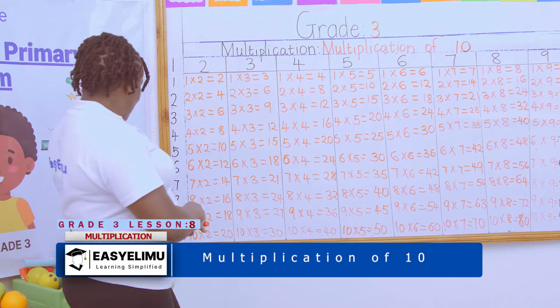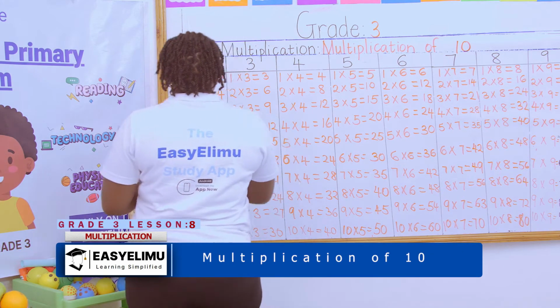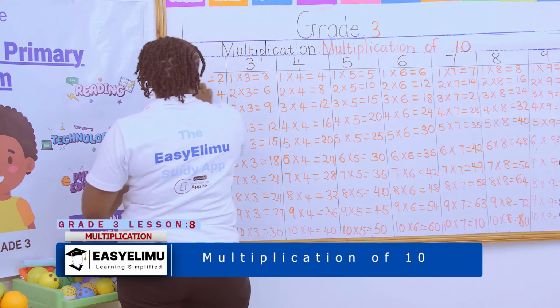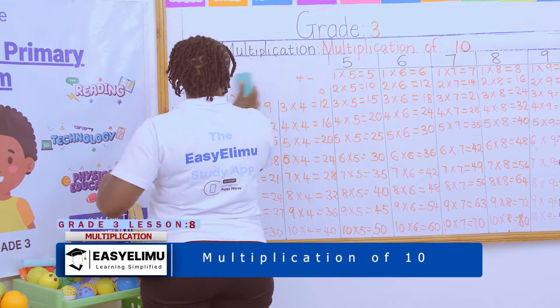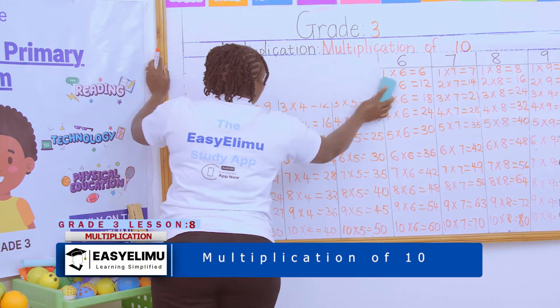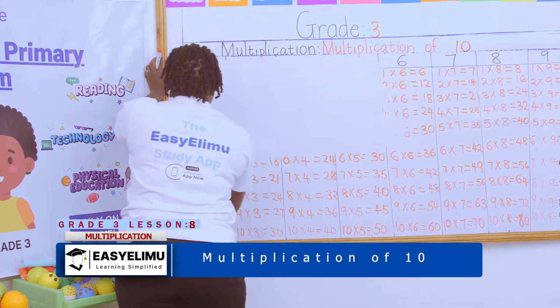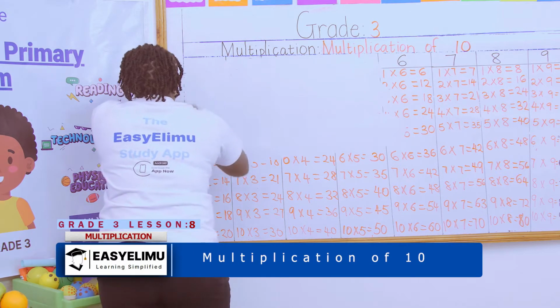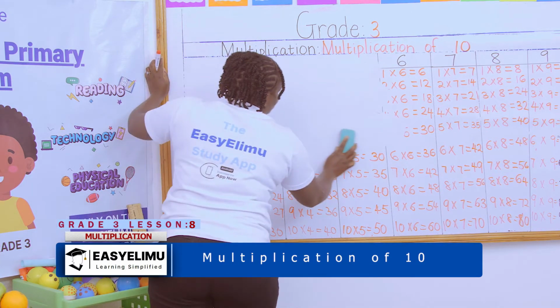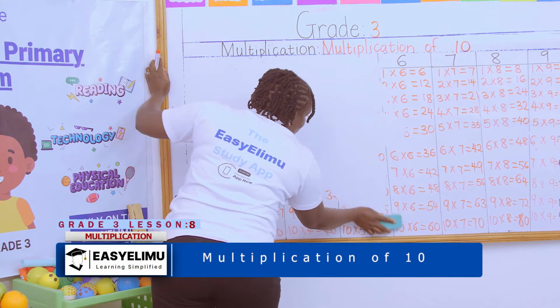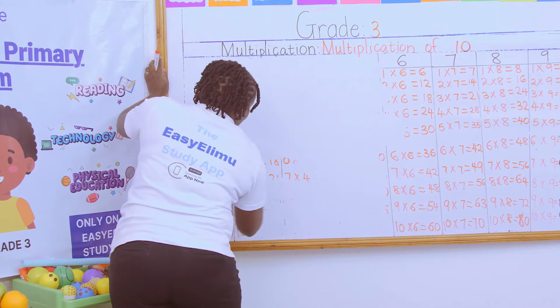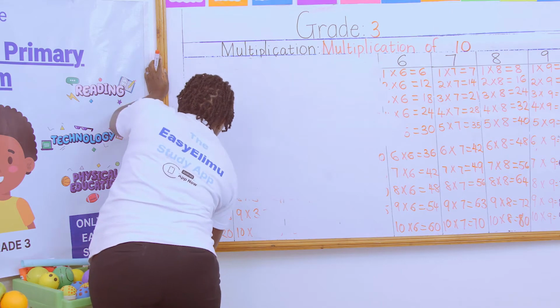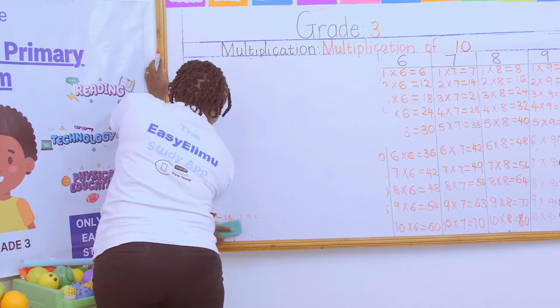Any question? Now, I want to show you the multiplication wheel. See, you have your full multiplication table. Now, I want to show you how we use the same multiplication table to do the multiplication wheel. So we are doing the multiplication table of numbers 8, 9, and 10.